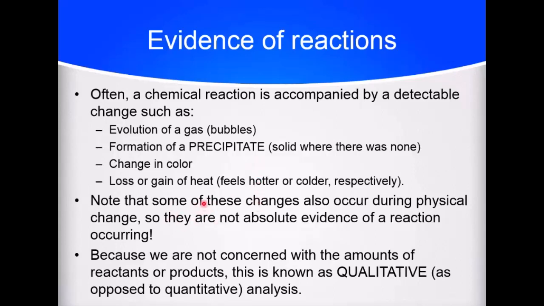So none of these is absolutely, exclusively evidence of a chemical reaction, even with some or all of these changes occurring at once. This is qualitative analysis, not quantitative analysis, because we're not worried about how much stuff is involved in the reaction. We're just concerned with, is something involved in the reaction?